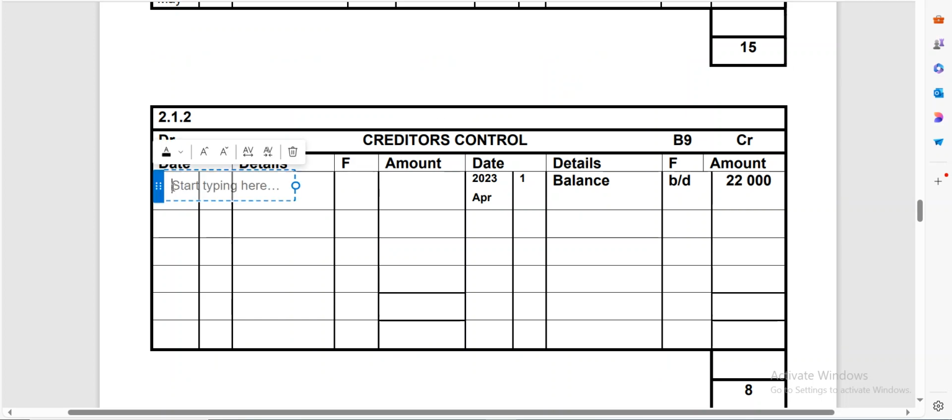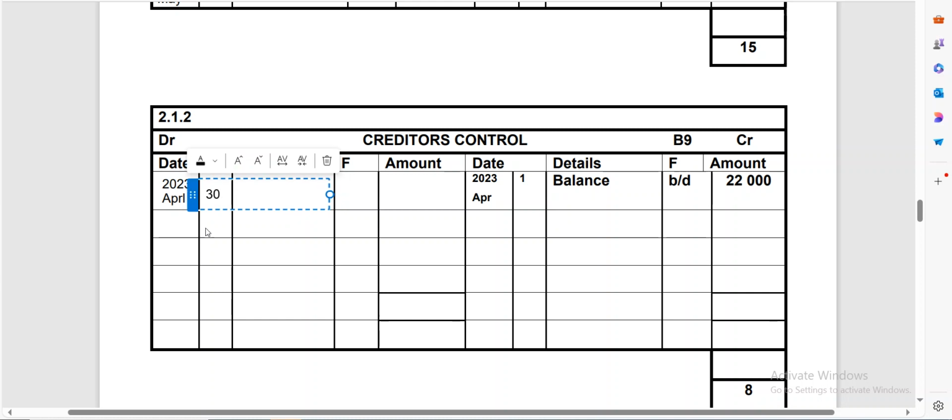So here on 2023 April, and then on the 30th we would have 30 here.